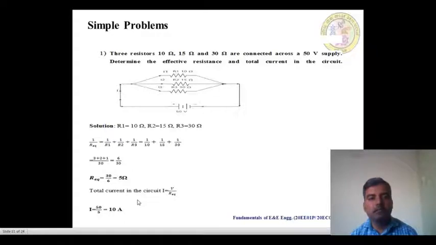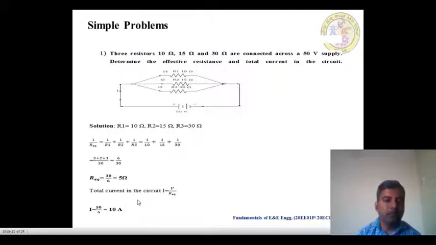Three resistors, 10 ohms, 15 ohms, 30 ohms are connected across a 50 volt supply. Determine the effective resistance and total current in the circuit. They are connected in parallel. So we know 1 by R equivalent equals 1 by R1 plus 1 by R2 plus 1 by R3, that is 1 by 10 plus 1 by 15 plus 1 by 30.